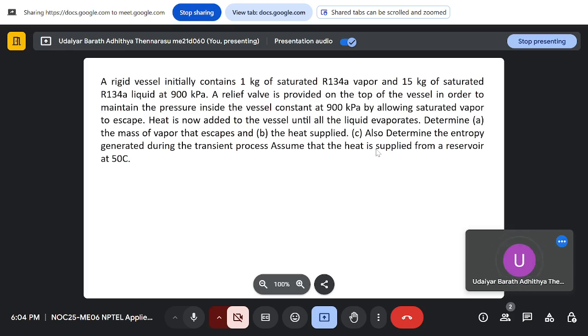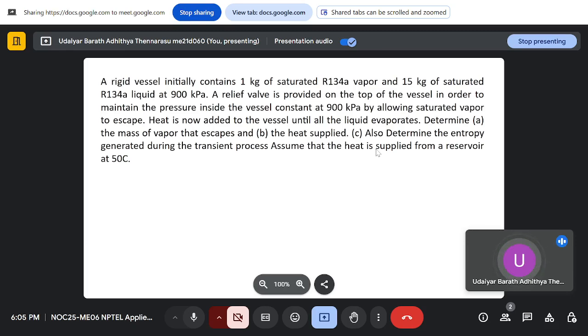So there is no liquid present. At that point, what is the mass present inside the cylinder, or the mass which has escaped, and how much heat has to be supplied to let all the liquid evaporate and leave.